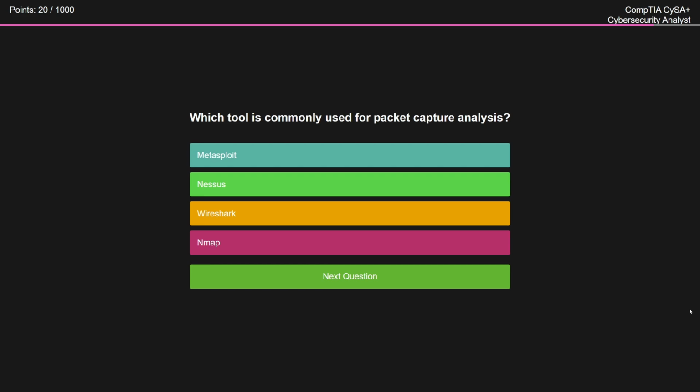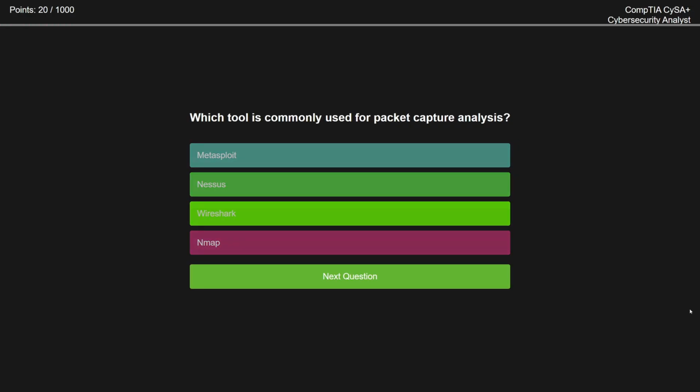Which tool is commonly used for packet capture analysis? Metasploit, Nessus, Wireshark, or Nmap? So I just want to talk through these. Metasploit, I believe it's used for vulnerabilities and exploiting them, and I've seen people do stuff with it.